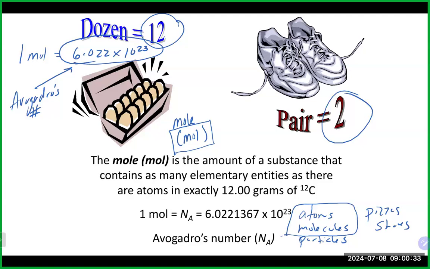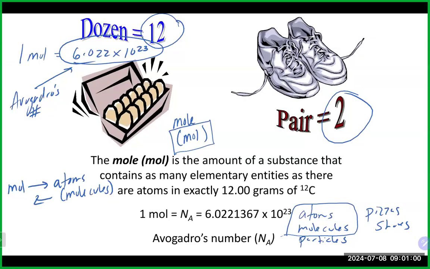And basically here, we use Avogadro's number as a conversion factor, and it is the conversion factor that allows us to go from moles to atoms or molecules, or backwards from atoms or molecules back to moles. So that is what Avogadro's number should be used for.